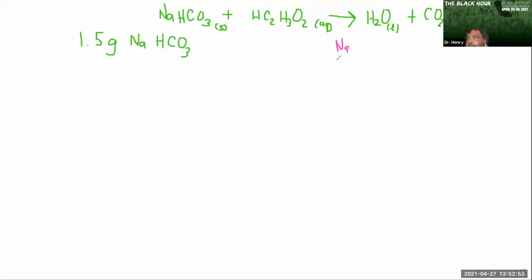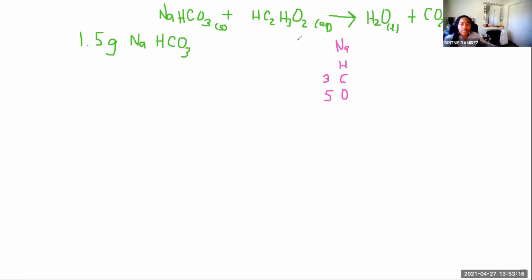We look at our Na, we look at our H's, we look at our C's, and we look at our O's, right? So how many O's do we have on our reactant side? We have 5 O's. How many carbons? We have 3. And how many hydrogens? We have 5. And sodium, 1.